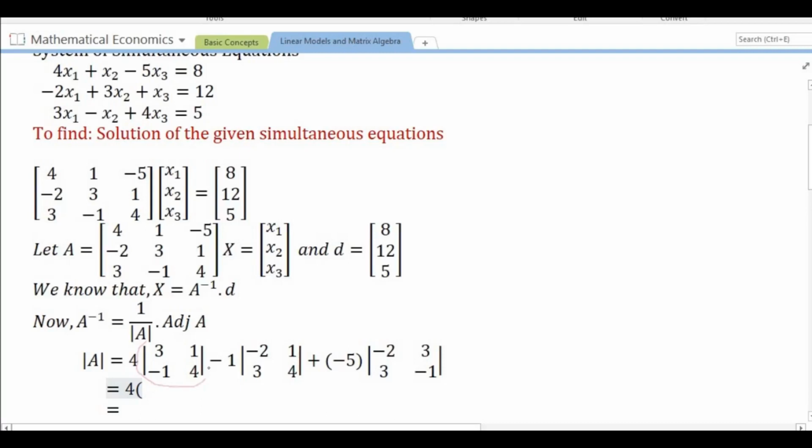Now this is a second order determinant. So how do we find out? We cross multiply 3 times 4. Remember there's a minus sign in between, and minus 1 times 1.